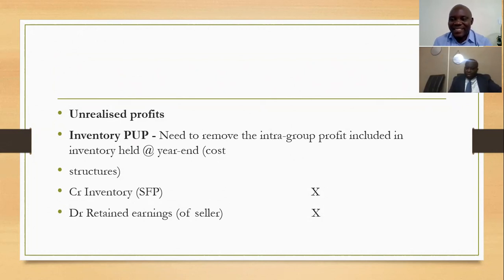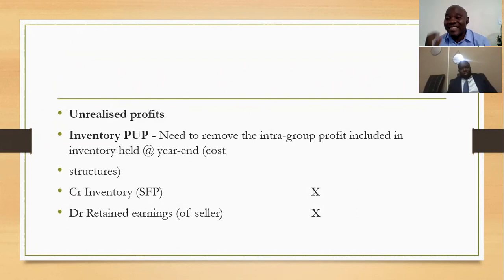So then what happens with that inventory that the husband got, the sweet potatoes? Those sweet potatoes are actually at a premium, there's a profit in there. But because the husband hasn't sold them to the outside world, that profit, we need to remove it. So we'll have to credit inventory by that PAP, the provision for unrealized profit.